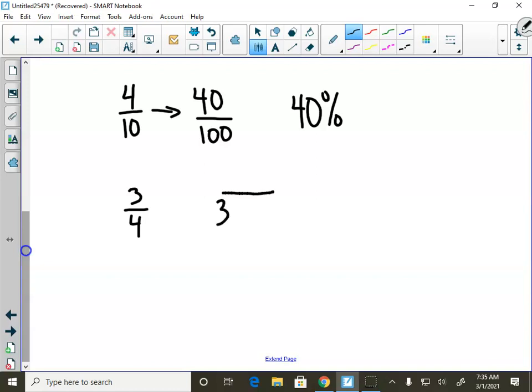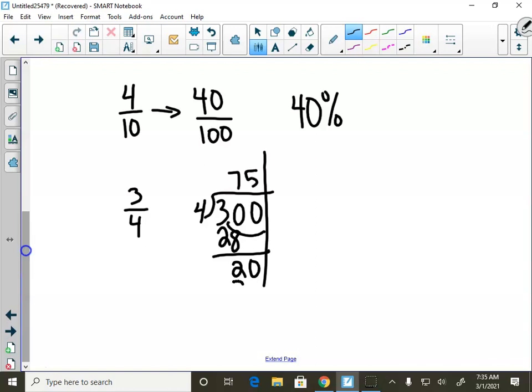So 3 being divided by 4, and because we want it to be a percent, we have to move our decimal over 2 places. Over to here, and then we'll stop dividing. So 4 goes into 30 7 times. That's going to give us 28. 4 goes into 20 5 times. So 3/4 is going to be 75%.